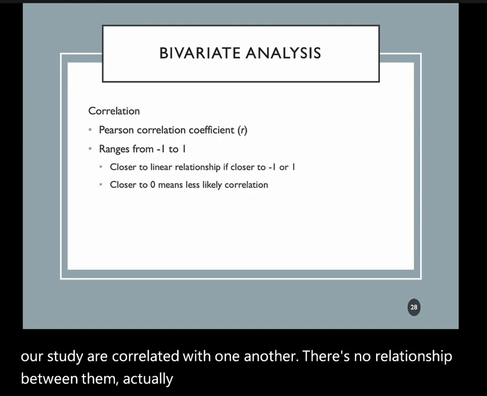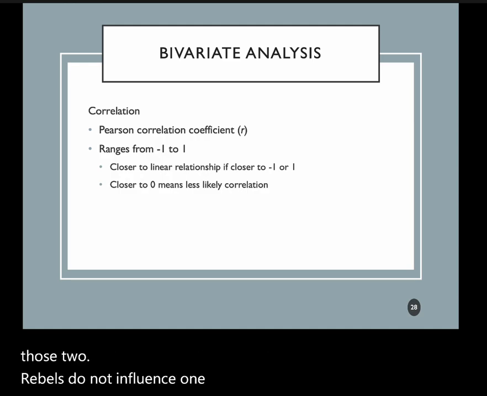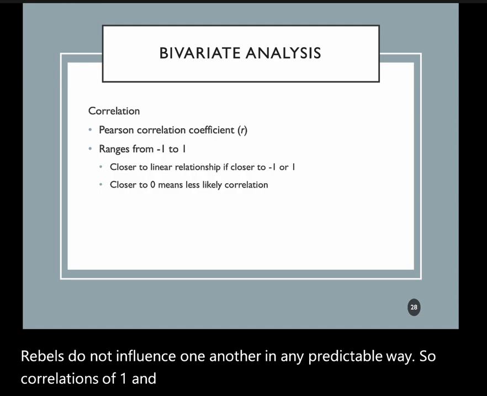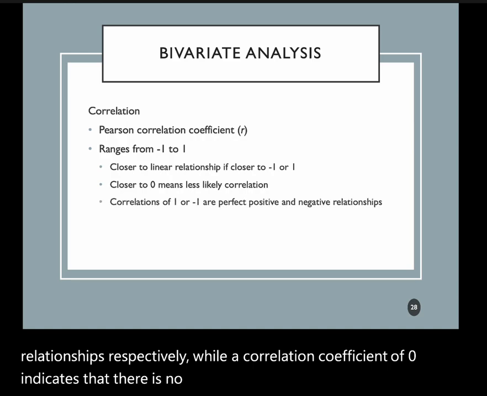A score of 0 on a Pearson correlation coefficient represents zero relationship between those two variables. Those two variables do not influence one another in any predictable way. So correlations of 1 and -1 are perfect positive and negative relationships, respectively, while a correlation coefficient of 0 indicates that there is no relationship between our variables.